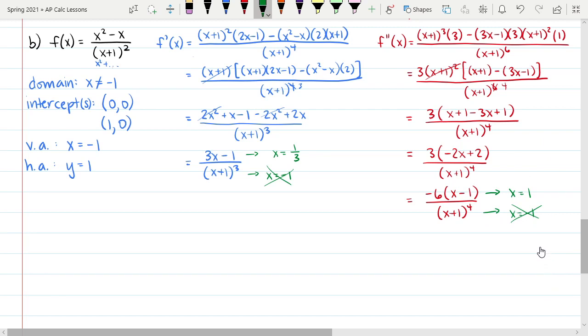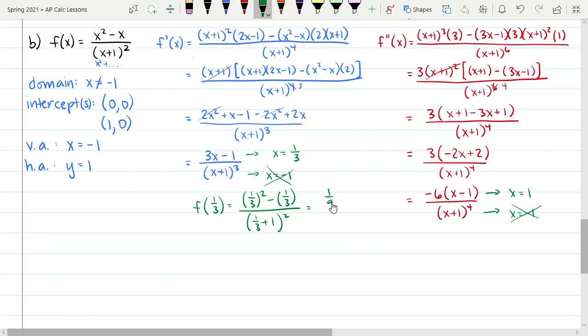Okay. While we're here, let's go ahead and figure out this y-coordinate now for when x is 1/3. So f of 1/3, remember we're going to the original function now, that's going to be 1/3 squared minus 1/3 all over 1/3 plus 1 squared.